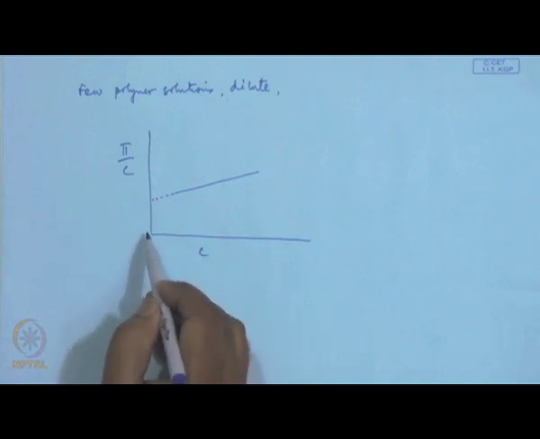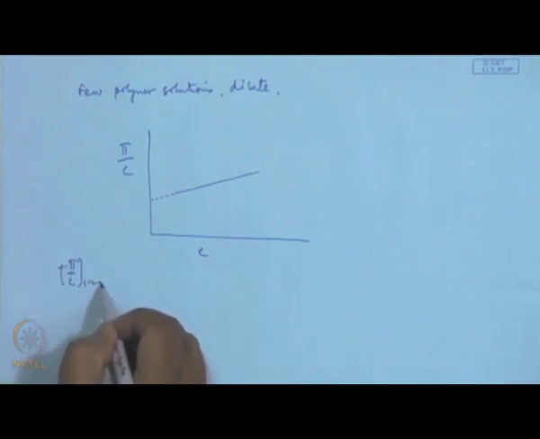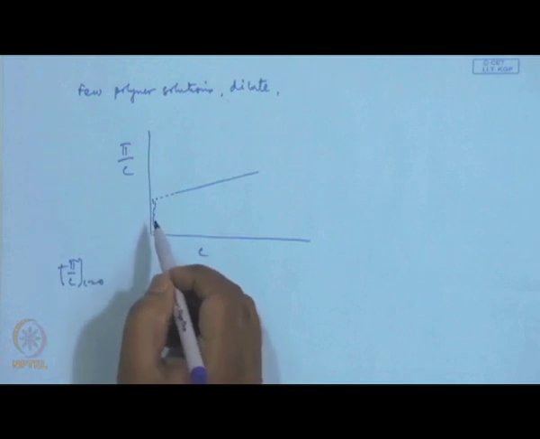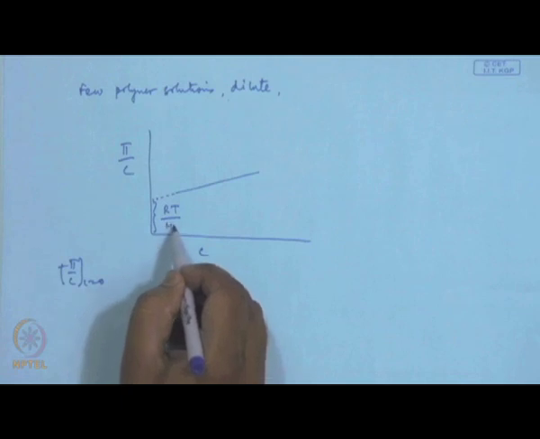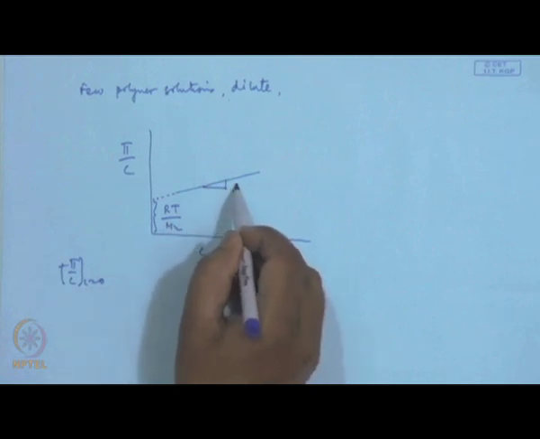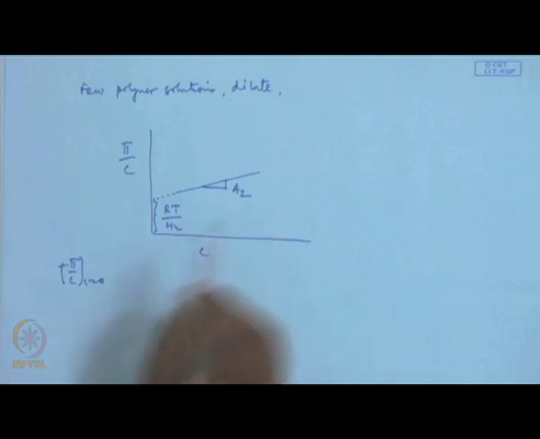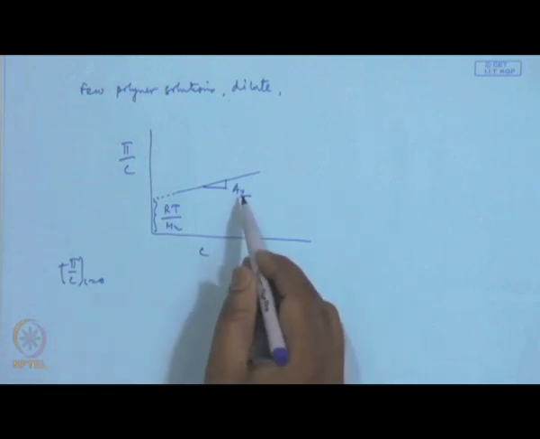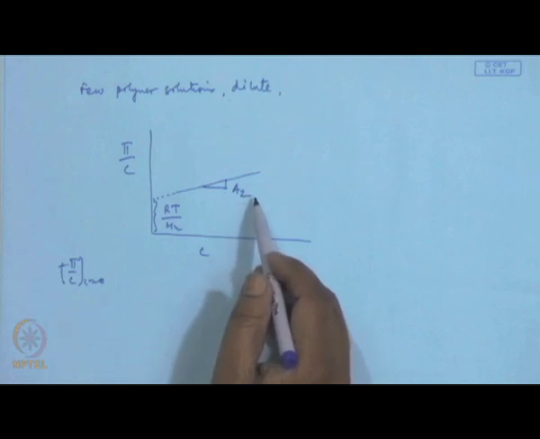So, this intercept is nothing but pi by C at C equal to 0. From this expression, this will be RT by Mn, and the slope will give the value for the second virial coefficient, from which we can get the polymer solvent interaction parameter chi.